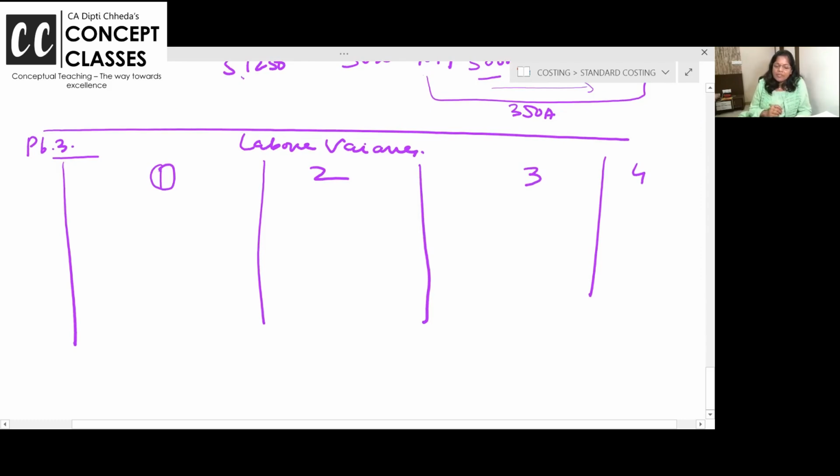How many types of workers are there? Skilled, leave one line. Semi skilled. Unskilled. Skilled, semi skilled, unskilled.